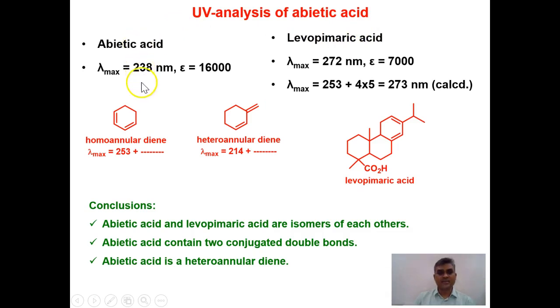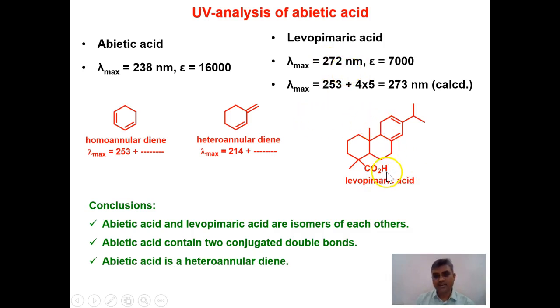Lambda max of abietic acid is 238 nanometer, and 238 nanometer is characteristic of a heteroannular diene, because for a homoannular diene the value is 253 plus, whereas for a heteroannular diene it is 214 plus, and therefore abietic acid is a heteroannular diene. For levopimaric acid, this value is found to be 272 nanometer.